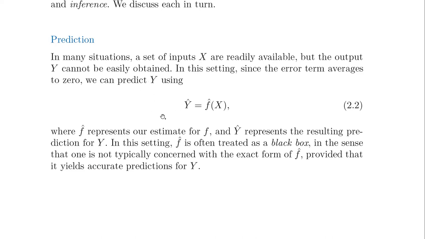Y hat is the estimate. It's the estimate that's based on the model that you're using to understand the data to predict the output. So we may predict the output y using f hat, where f hat represents our estimate for f.